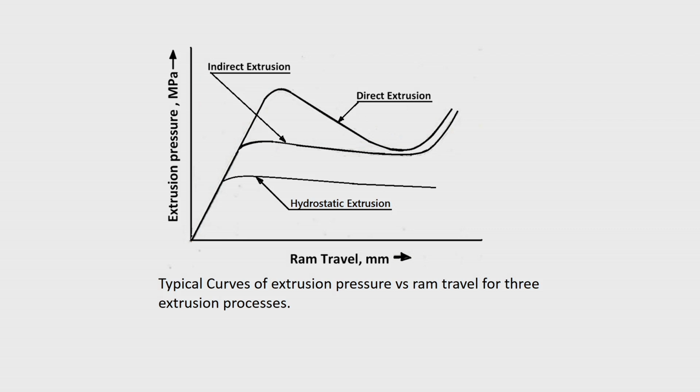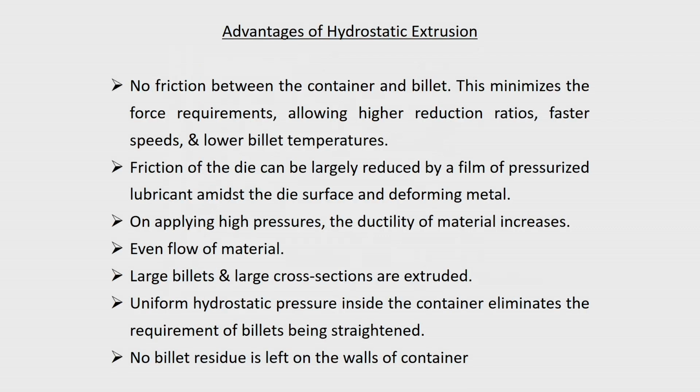And the advantage of hydrostatic extrusion is that there is no friction between the container and the billet. This minimizes the force requirements, allowing higher reduction ratios, faster speed and lower billet temperature. The deformation can be at a faster rate, that depends upon what pressure you are applying, and then lower billet temperature.